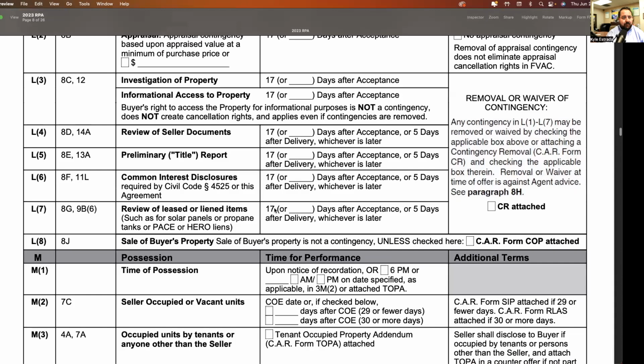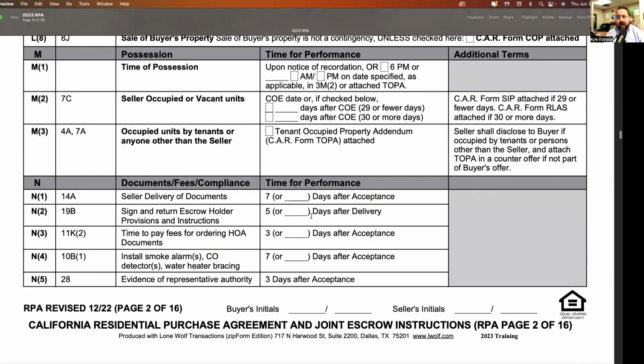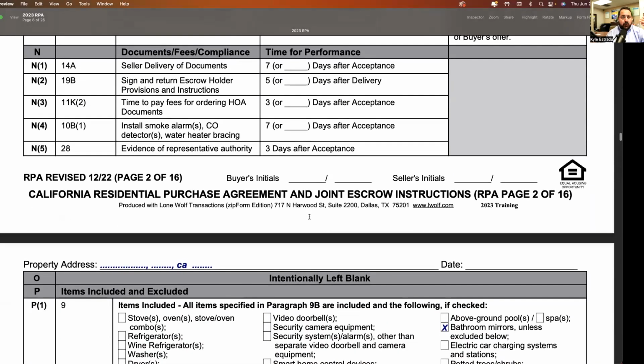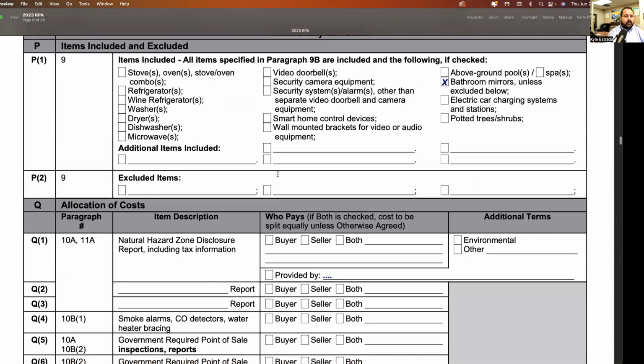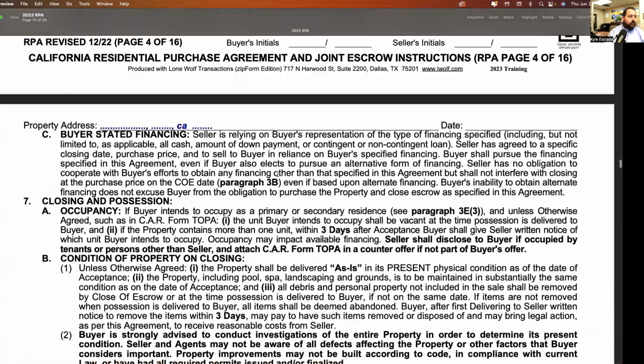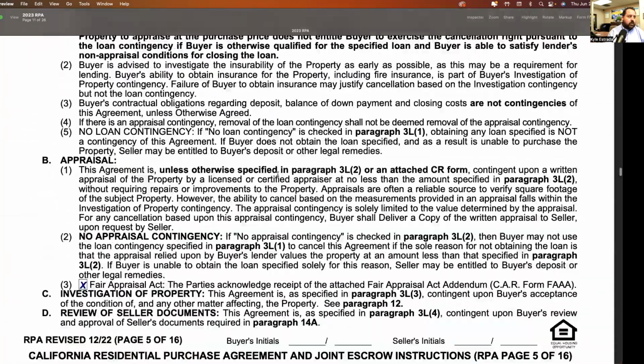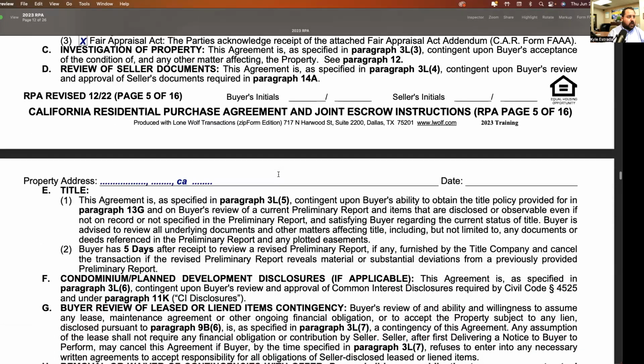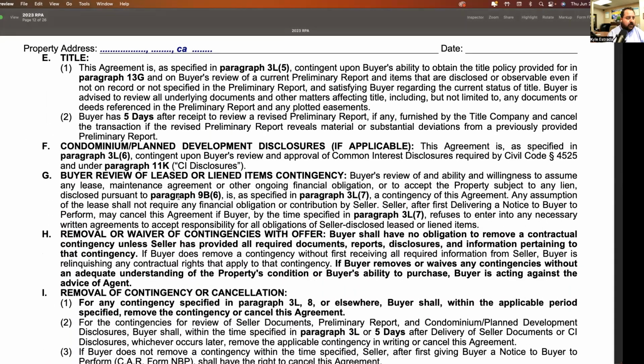If we look at 3L7, we could go back. Review of lease or lien items is already here, 17 days. That's it. We have to provide copies of the leases and all of that stuff to them within the time specified for us, which is 7 days. So you have to give them everything about the solar lease there. And it says here, in leased or liened items, that the seller has no responsibility.